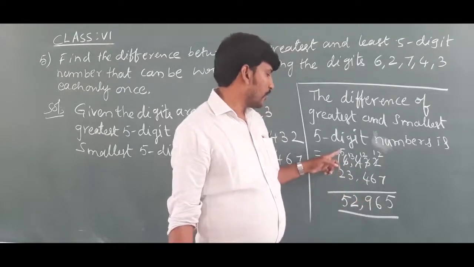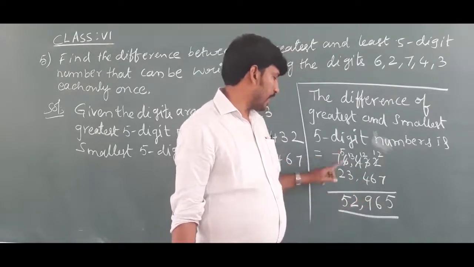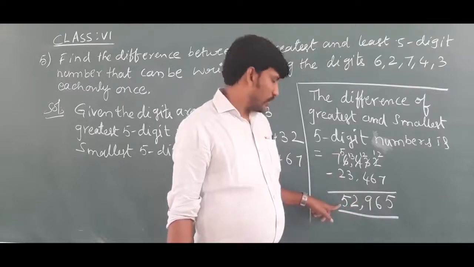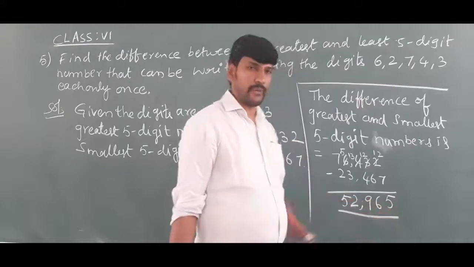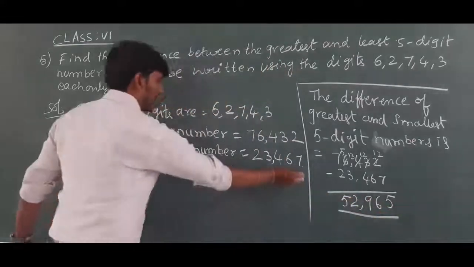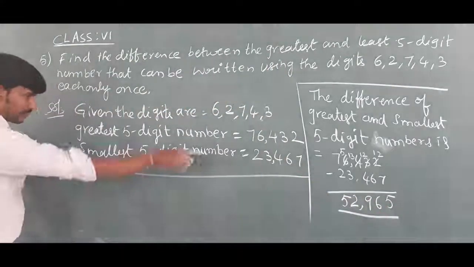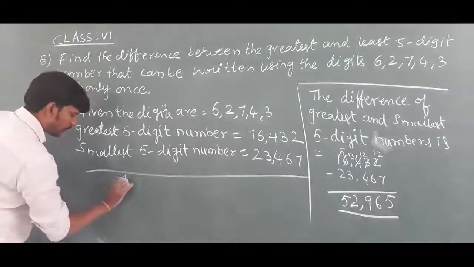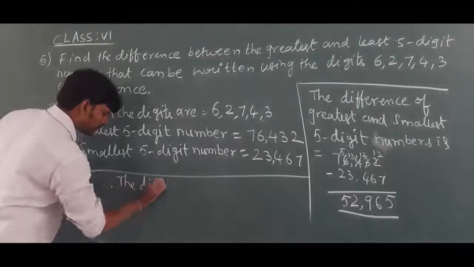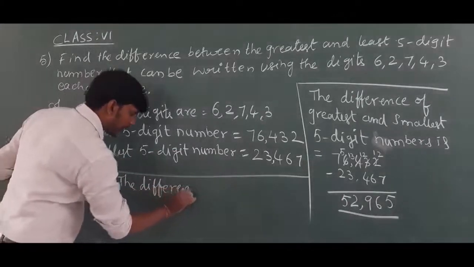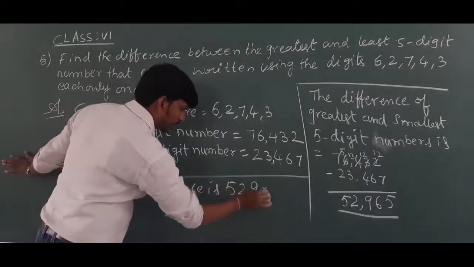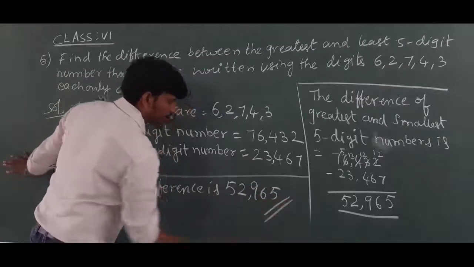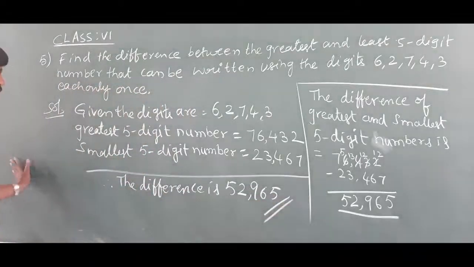And 5 minus 3 is 2, 7 minus 2 is equal to 5. So what is the difference here? 52,965. Okay children. So therefore I am going to write the therefore statement here. Therefore the difference is 52,965. Just copy this.